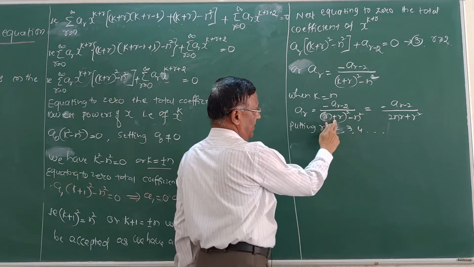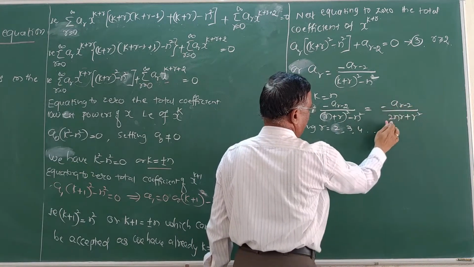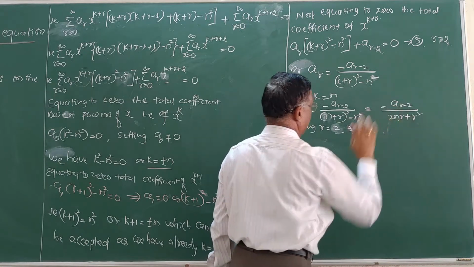Now, when k equal to n, ar equals minus a(r minus 2) divided by n plus r whole square minus n square, or minus a(r minus 2) divided by 2nr plus r square.